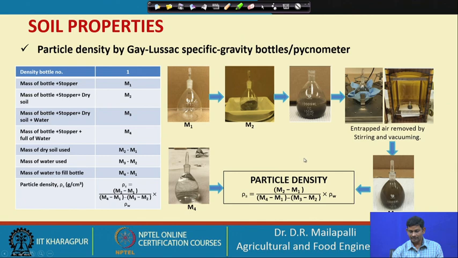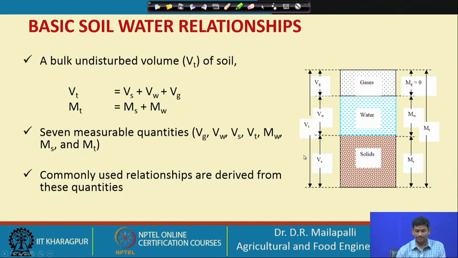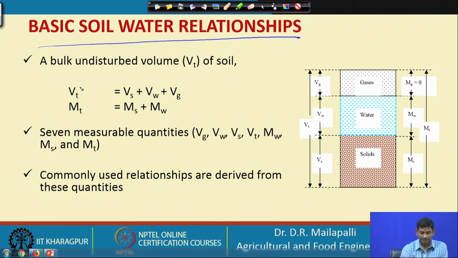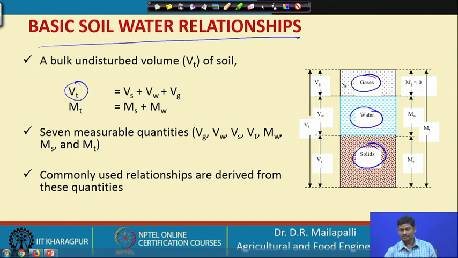So, next is your basic soil water relationships. Once you have this volume, if you see here in this picture, as I said, the soil will have solids, water and gases. This is the total volume VT, which includes the gaseous volume, water volume and solid volume.